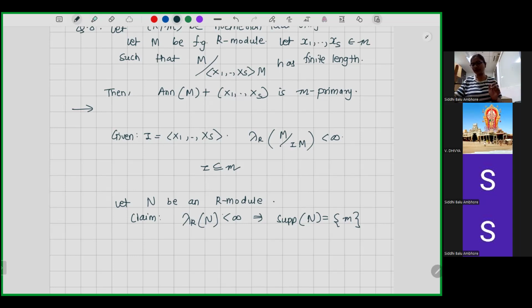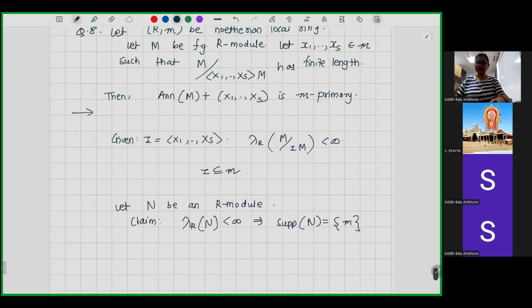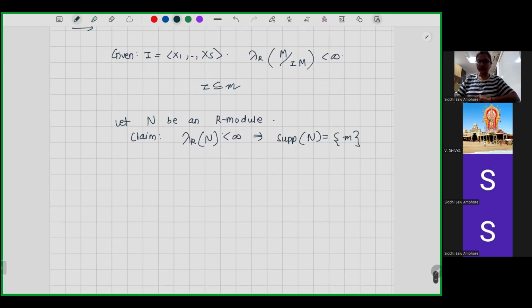I mean, if you remember, we did that earlier. Using that argument, we can conclude that the annihilator of M modulo (x1 to xs)M is M-primary. I mean, we will check that again.